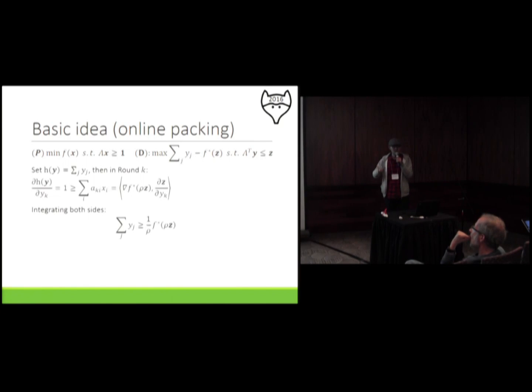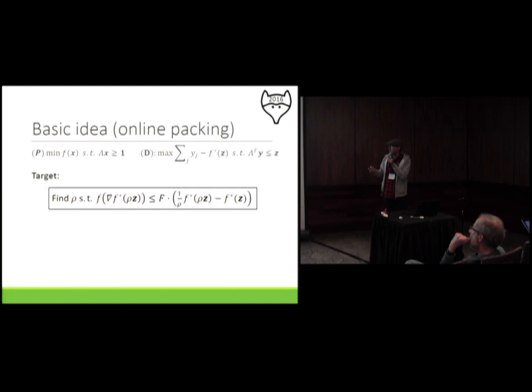Then we integrate both sides from the beginning to the end of round k, and we have the following inequality. We can have a lower bound of the dual solution. Therefore, another target is to optimize rho such that this inequality is true.